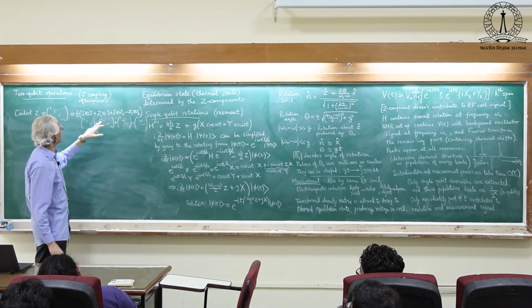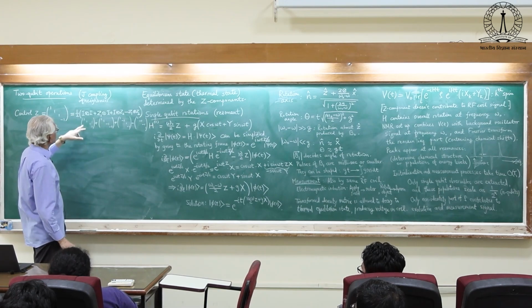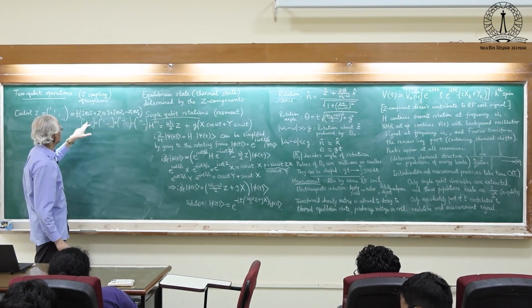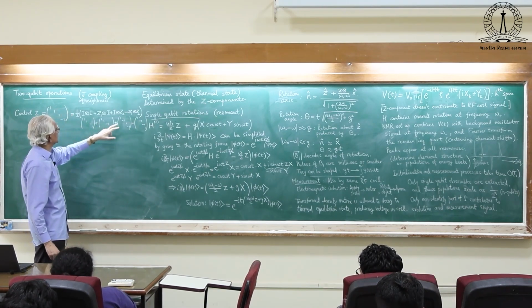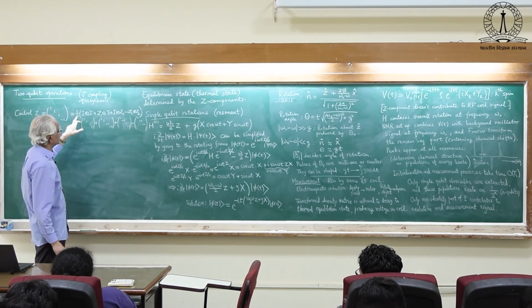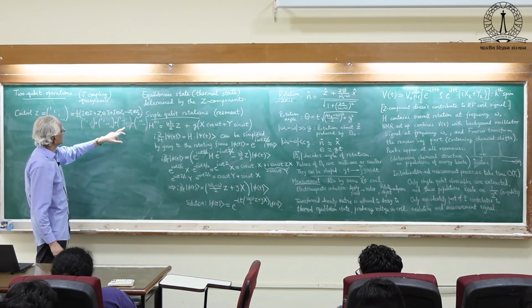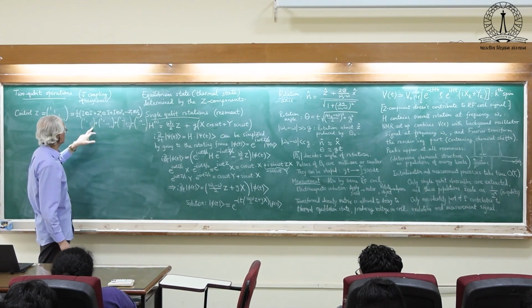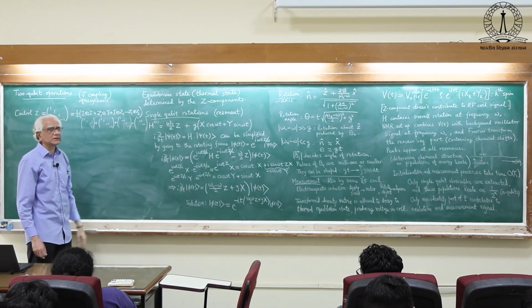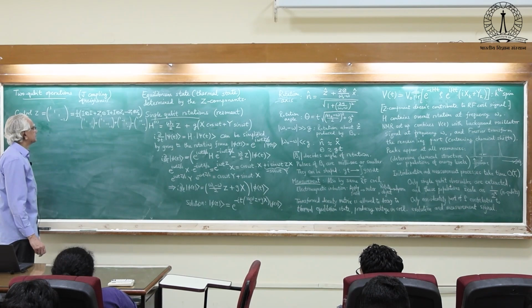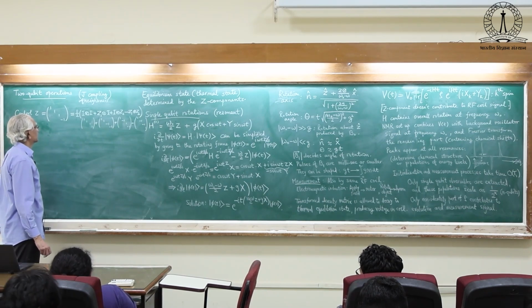Here, two of them will cancel, and this and this add, which again makes 2. These two cancel. These two add to make a 2. And this is minus 1, another minus 1 and 1, so it makes minus 2. So this is rather straightforward.